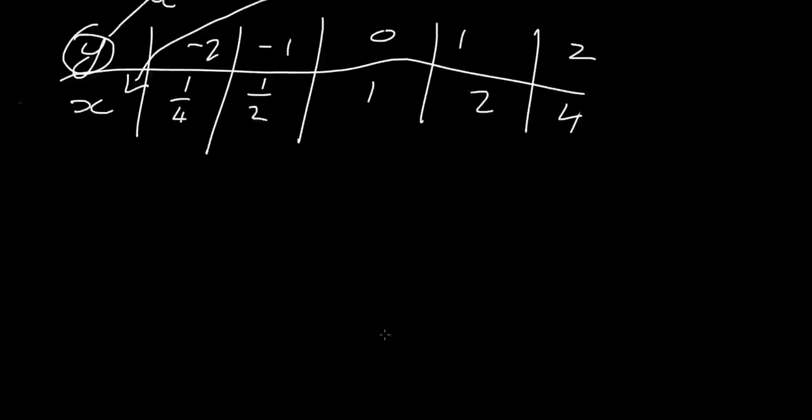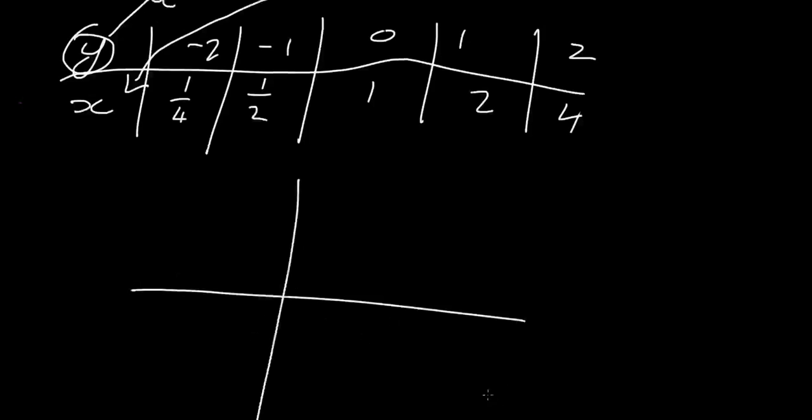Then we plot these values on our graph, but we plot them the normal way around. So here's x and y. Our first ordered pair is x is 1 over 4, y is -2. So that's somewhere here. Then our next point is x is a half, y is -1. So that is somewhere there.